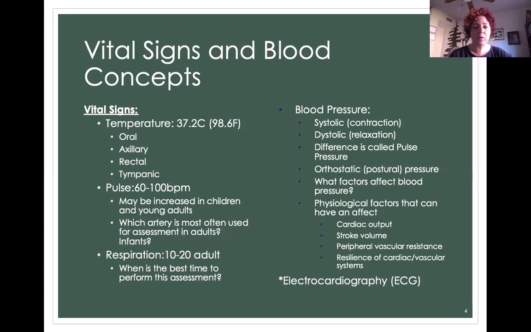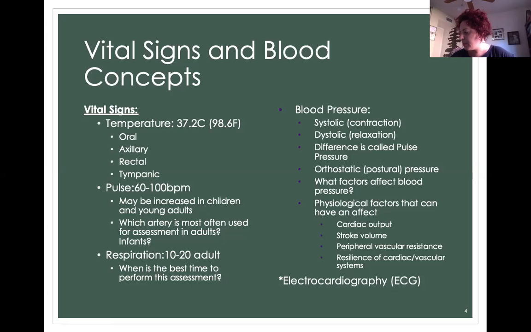So for respirations, an average adult, again, we can go back to that table and look for 0 years of age is about 30 to 40. So their pulse and respirations are going to be quite a bit higher than the adult, which is average 10 to 20.